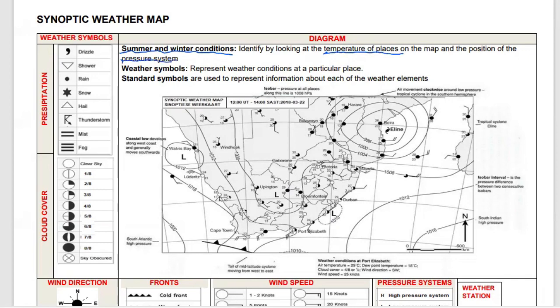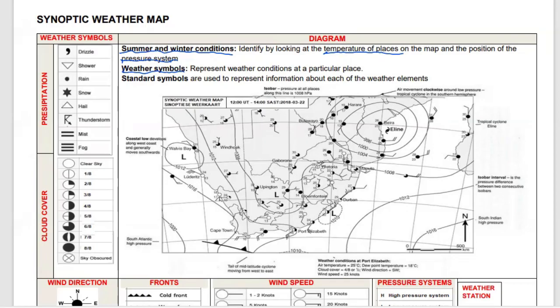I'm also going to explain the pressure systems, but before we look at the differences in synoptic maps for winter and for summer, let me start by looking at the basics of the synoptic weather map so that we'll be able to figure it out. Then we have weather symbols. They represent weather conditions at a particular place, like these symbols that we are seeing here.